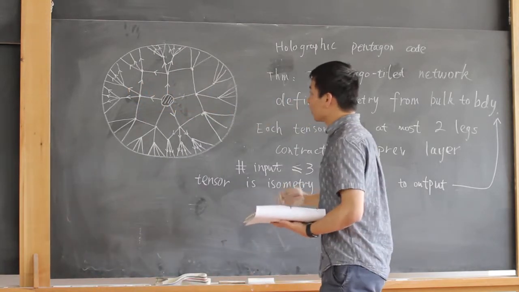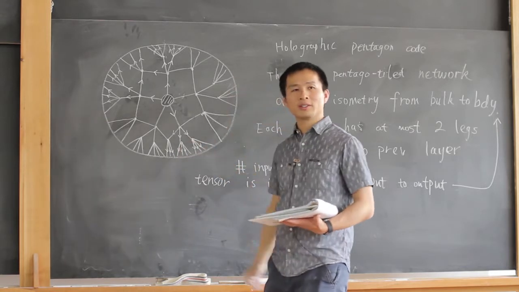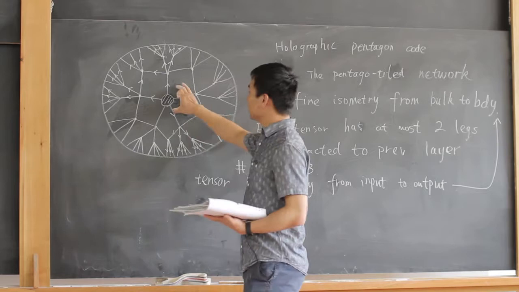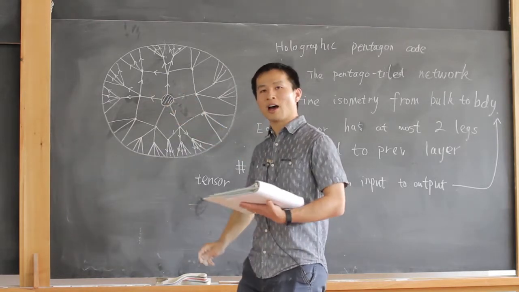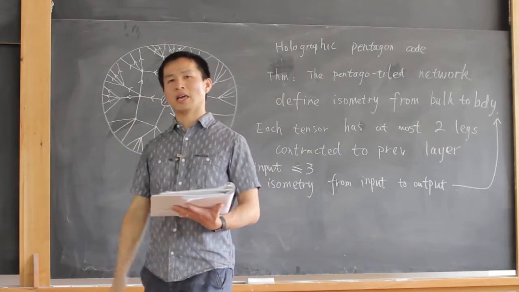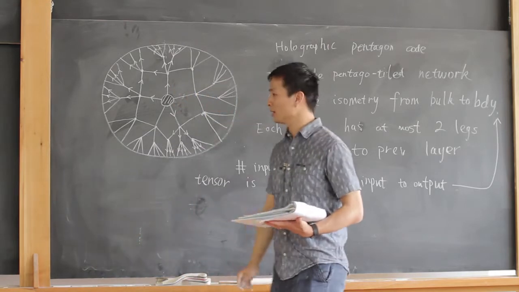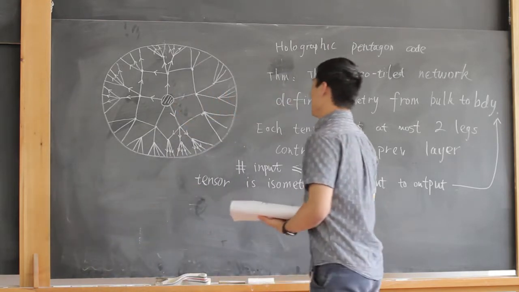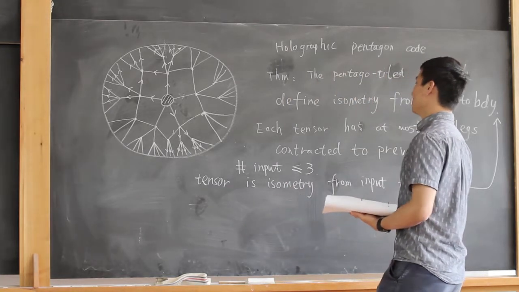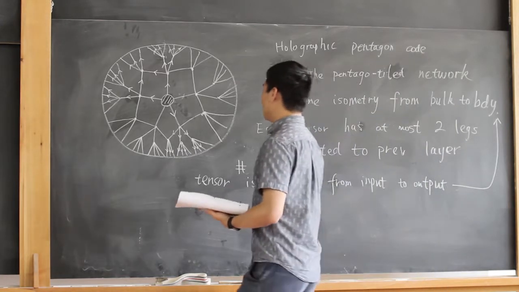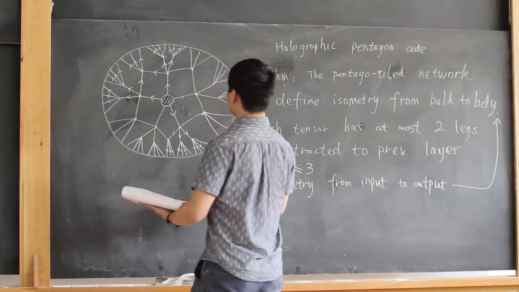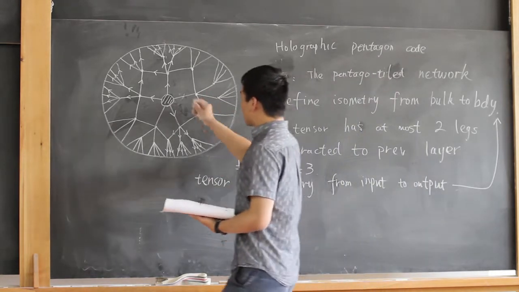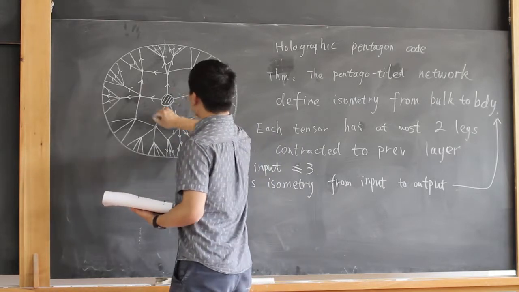So in doing this, we have gone outside the previous code subspace, because the input here does not have to be the specific kind of input that produces the states that we previously discussed, the state in the code subspace. So these have the interpretation of states outside the code subspace, and also it's very natural to identify them with black hole microstates. We can make the black hole bigger by removing more layers.